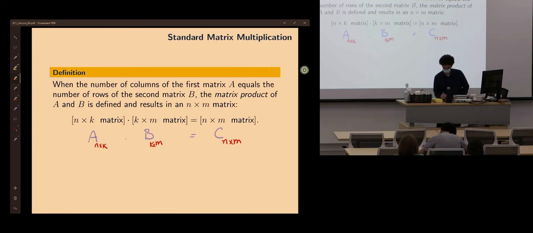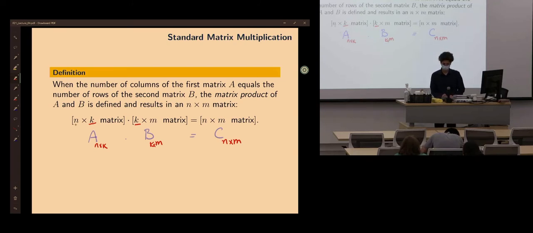What is going on? Let's understand the definition. It sounds like the first matrix must have the same number of columns as the number of rows of the second matrix, right? K columns, k rows. And then as we multiply these two matrices somehow, it seems like k will disappear.